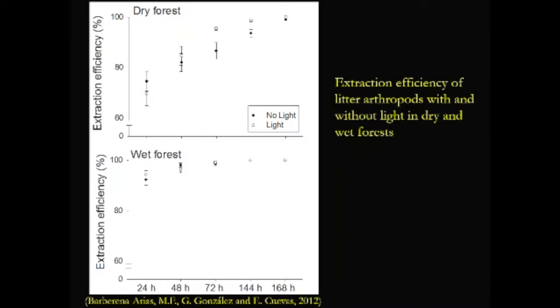In the dry forest, which is the graph on the top, you really need to run that extraction for 5-6 days, so then you increase that extraction efficiency to 100%.